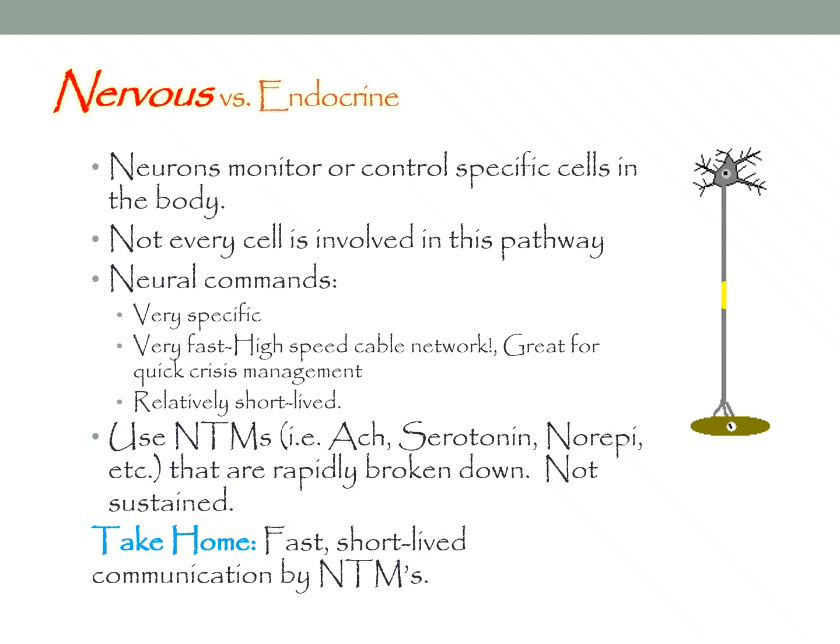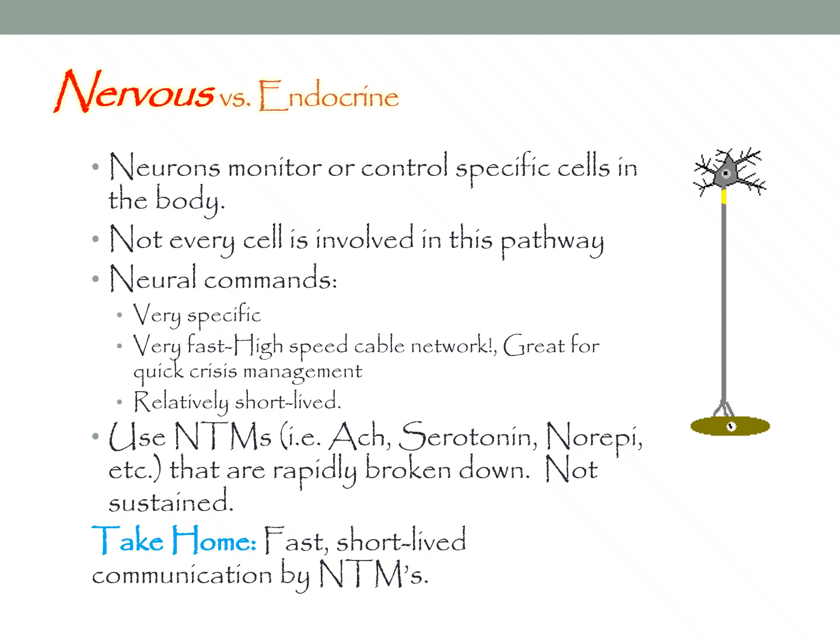The takeaway with the nervous system is that it's a way of communication in the body that can happen really quickly, right? You can get very, very quick messages from one place to the next in the body. So we think about the nervous system as a high-speed cable network, right?